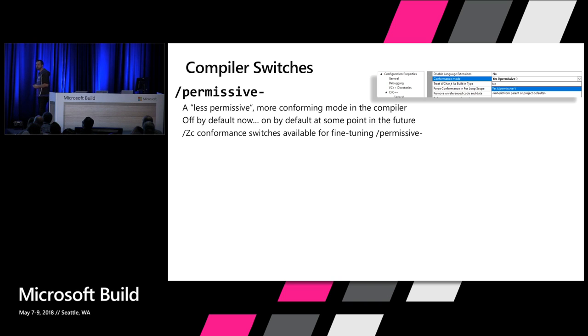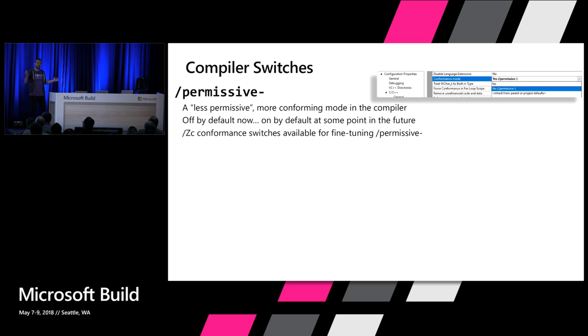So for example, two-phase name lookup will be behind the switch. The reason why we created /permissive- is to allow large companies or open source projects to get used to our progress on conformance, and still migrate to the latest compiler, adopting the full set of conformance features at their own pace. So if you start a project today, absolutely throw in /permissive-, and that's what you should start with, and that's what all our C++ project templates inside Visual Studio start with today.